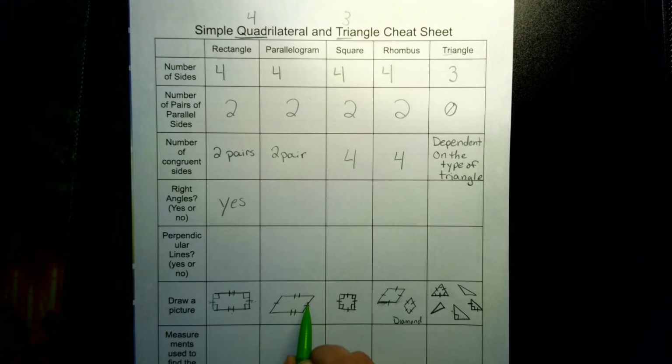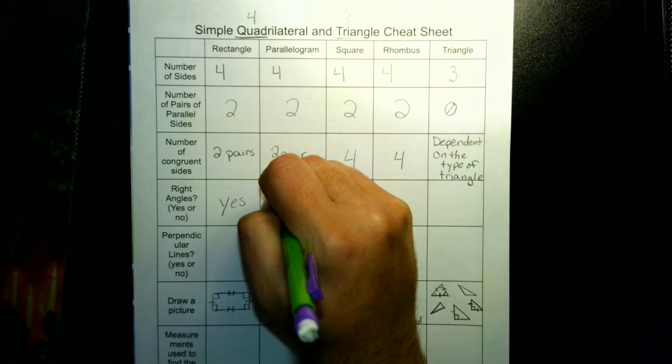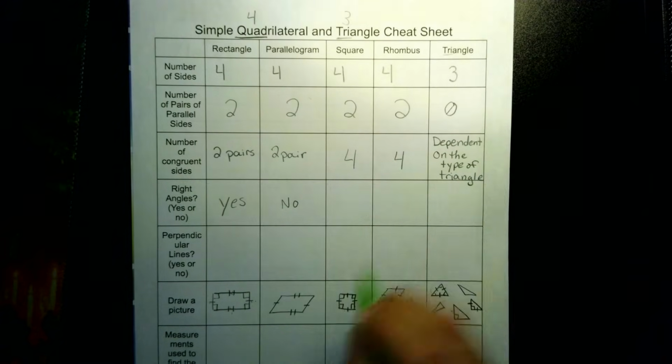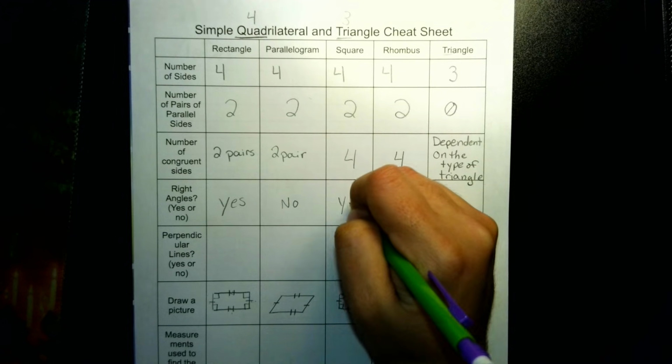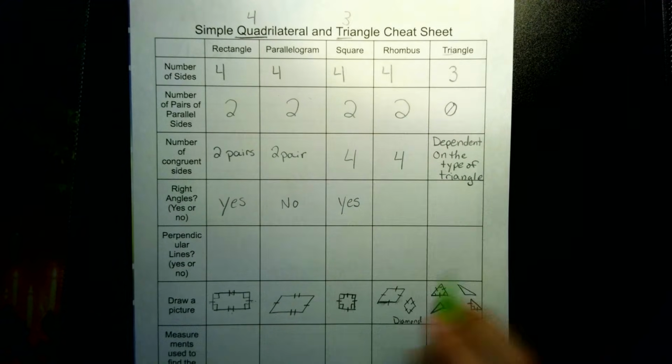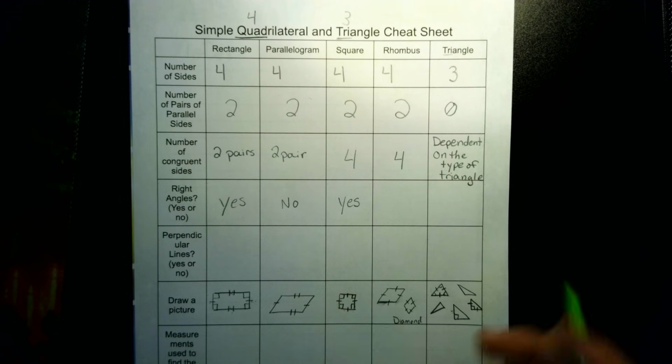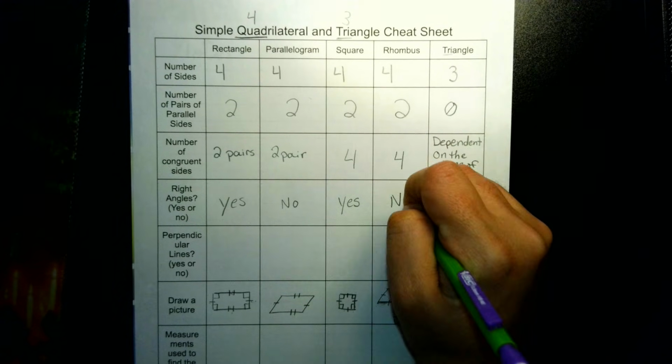Now, in a parallelogram, you can see there are no 90-degree markers because it is at a bit of a slant. So this is going to be a no. But a square, of course, has to have their 90-degree angles, so that's a yes. Diamonds, much like parallelograms, are the counterpart to squares, but it doesn't have those 90-degree angles.